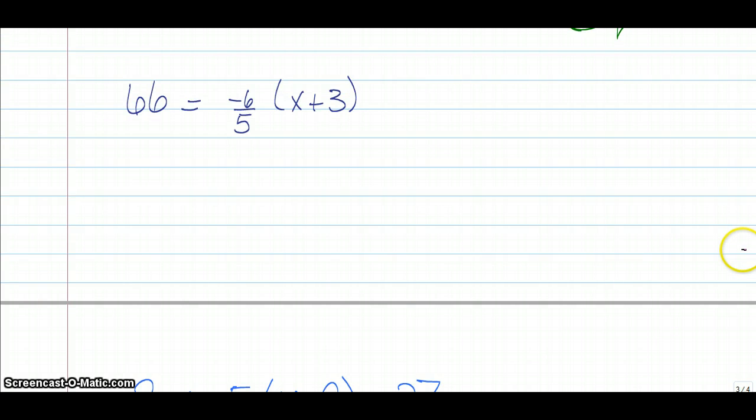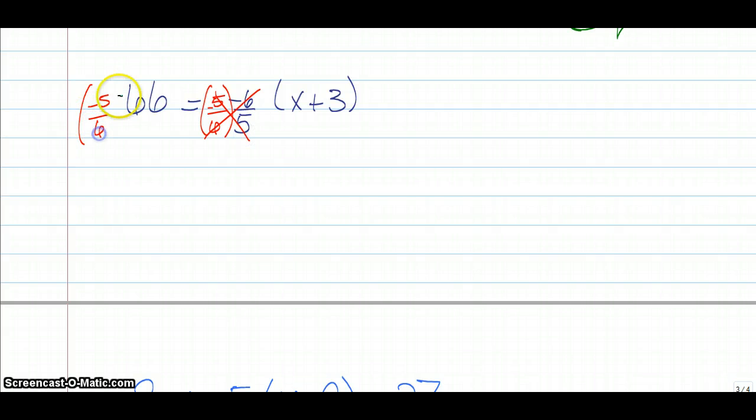Now the last one, I have 66 is equal to negative 6/5 times x plus 3. Now if I wanted to, I could distribute this fraction, but that's just going to turn into a mess. But I already know that if I multiply any number by its reciprocal, my answer is 1. So I'm going to multiply both sides by the reciprocal. That cancels out.